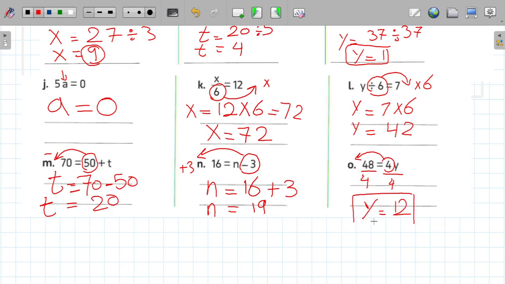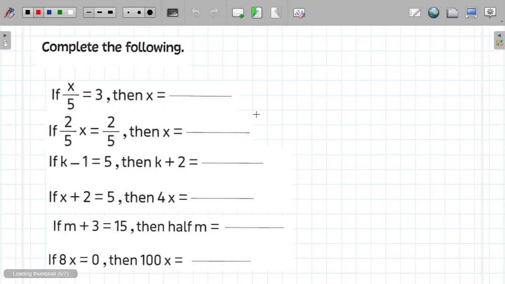Okay, next I have some questions like this. The first one here: if x over 5 equals 3, then x equals what? So I can multiply both sides by 5.